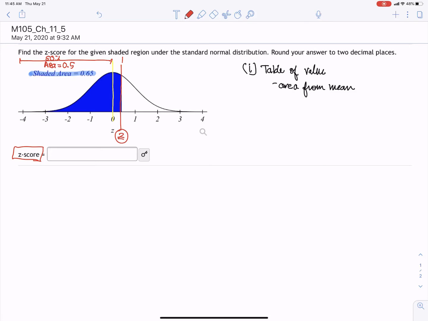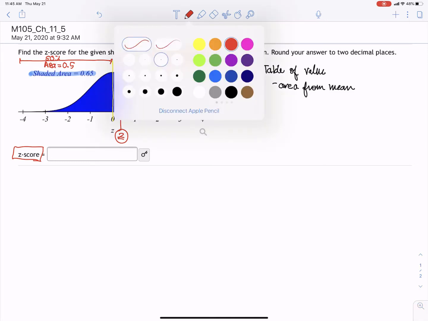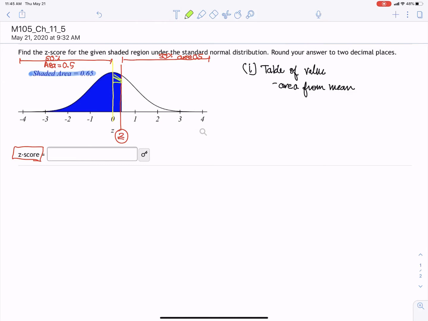Just like this top half is also 50%, because the total area is 1. So I already know that this bottom half is a half, and I could get this area from the mean from the table. So all I need is this area. I can look it up in the table and find a corresponding z-score. So the only work we're going to have here is to actually find the area.